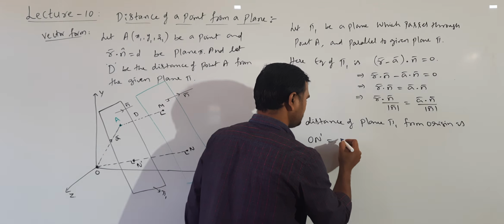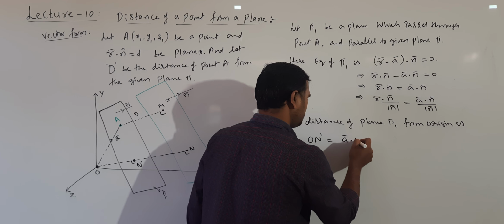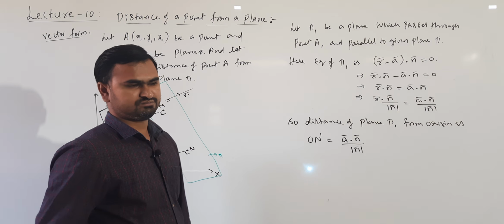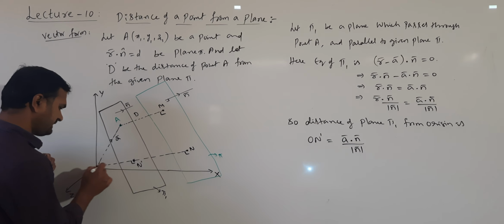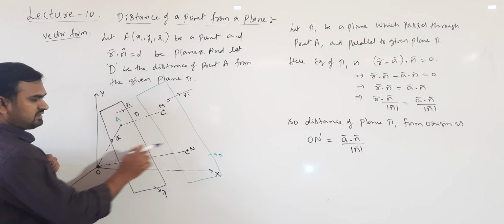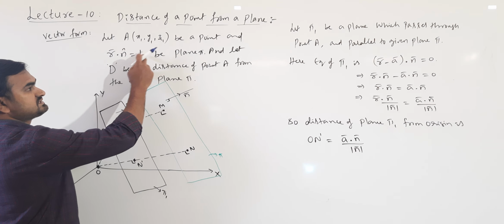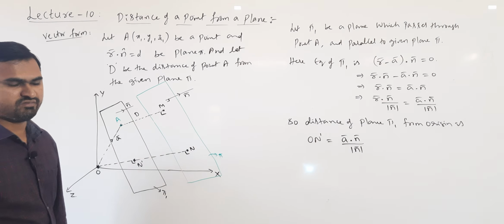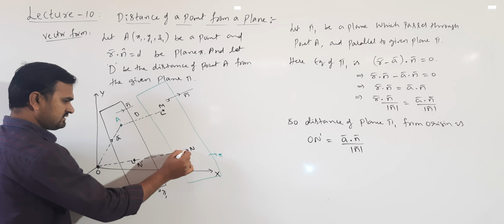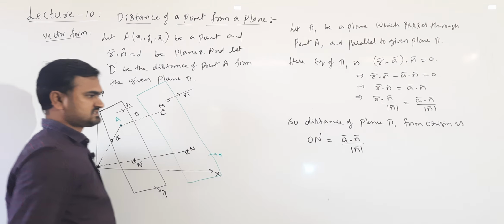So d is a bar dot n bar by magnitude of n bar. So we know yn dash and we know yn. What is yn? Yn is nothing but distance d for this given plane.